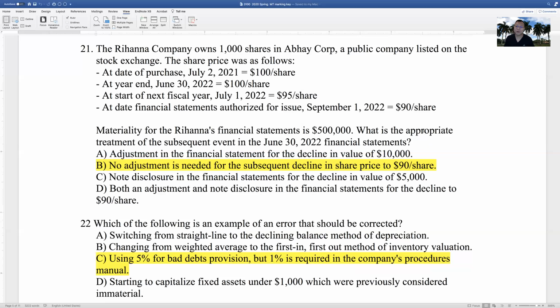So in total, you lost $10,000. Is that material? No, because materiality is $500,000. So $10,000 is not material. Therefore, you don't have to disclose it. So no adjustment, okay, no disclosure. Okay.